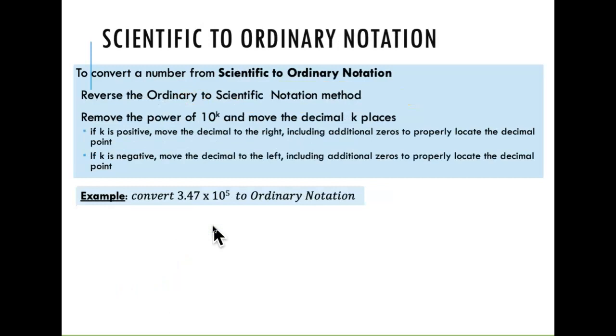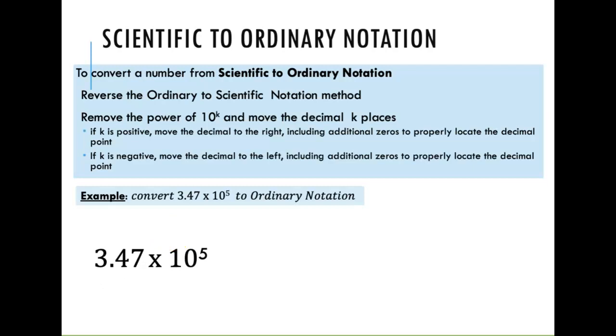Now, if we're going from scientific to ordinary, it's just working in reverse. So if we've got this here, 3.47 times 10 to the 5th, and that's in scientific, and we're writing it in ordinary, then what we've got to do is think about moving our decimal point 5 places.